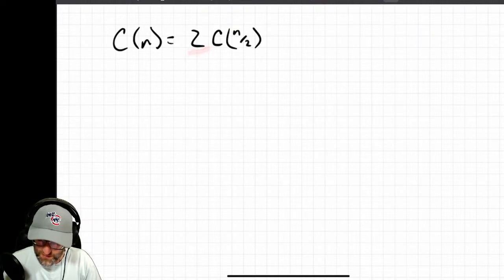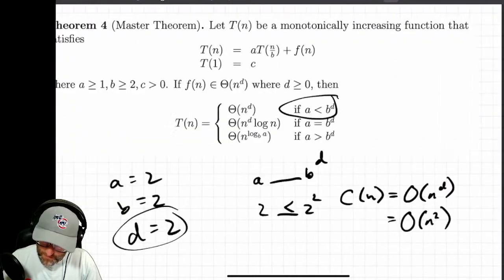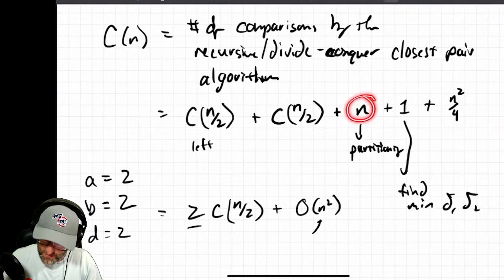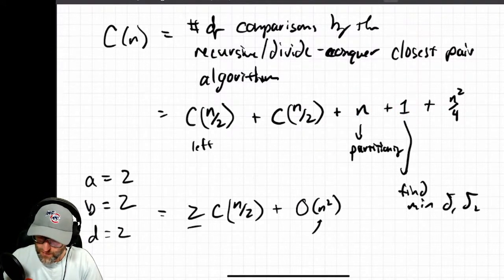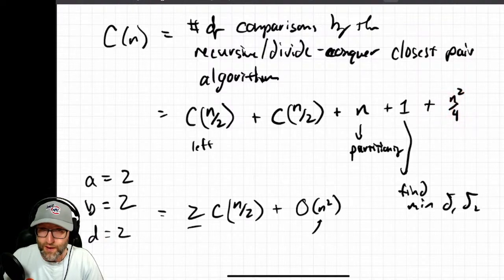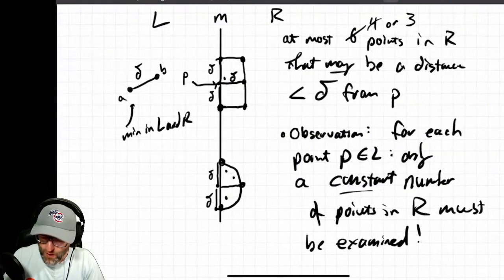At hand, there are 2 recursive calls on arrays that are roughly 1/2. We still have to partition it. We still have to, given this distance and this distance over here, find those. But now we don't have to do this naive every pair of points that cross the lines.